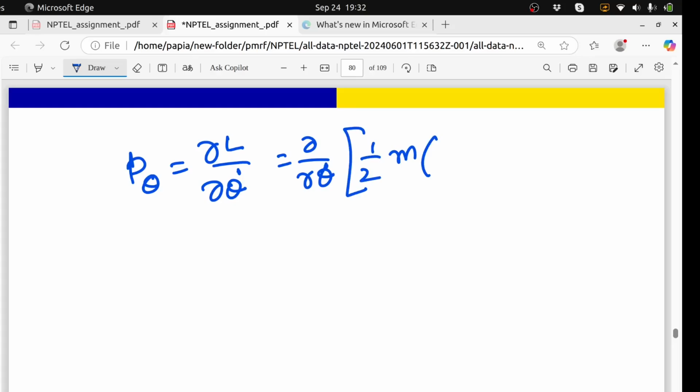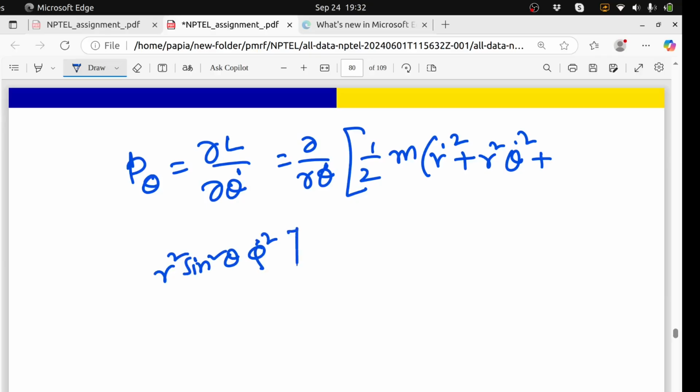Half m r dot squared plus r squared theta dot squared plus r squared sin squared theta phi dot squared, minus V(r, theta, phi).